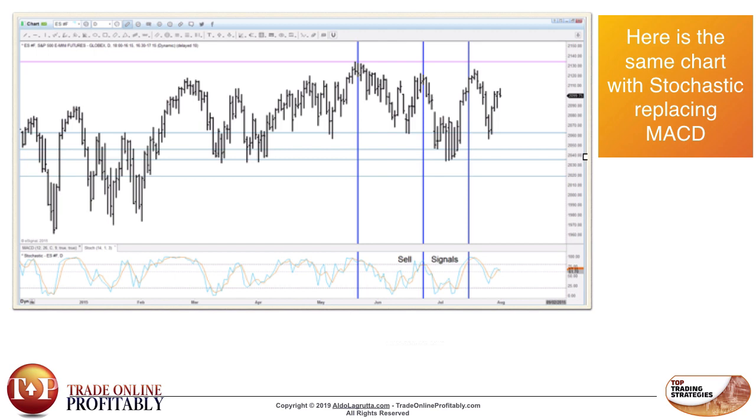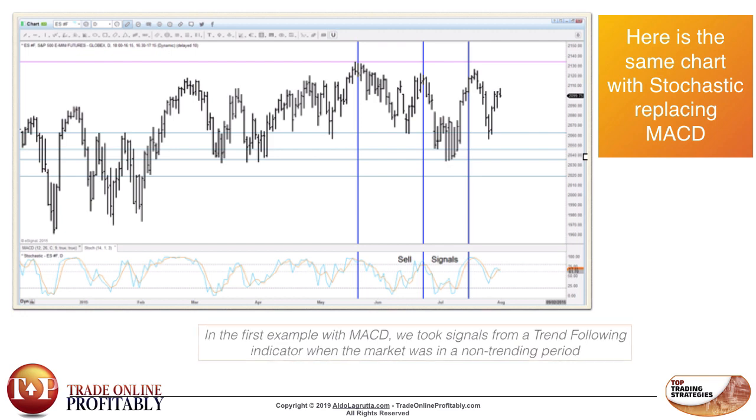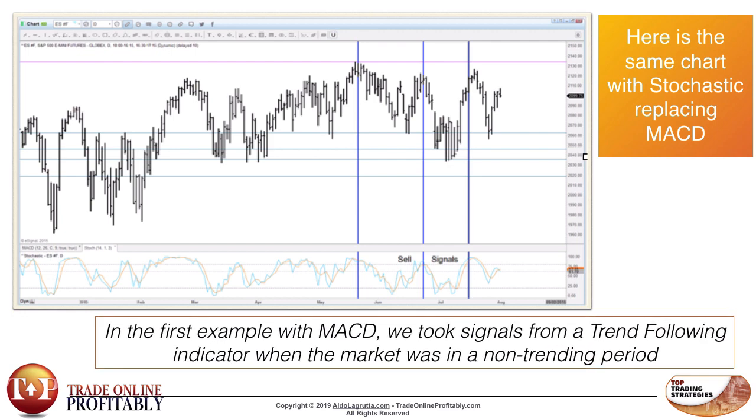MACD is useless. But the reality is that in the first example with MACD, we took signals from a trend-following indicator when the market was in a non-trending period. That always results in false signals. When we applied an oscillator instead, we received very profitable signals.